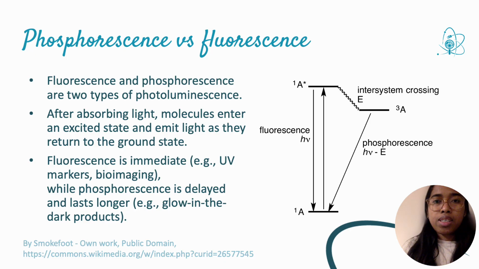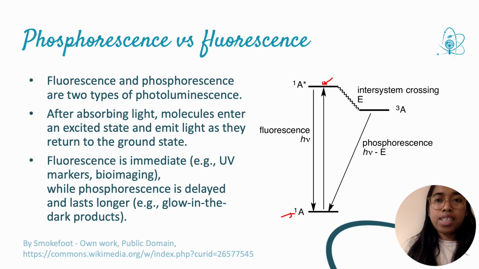So fluorescence and phosphorescence are two types of photoluminescence. When we shine light onto an object that has this property, its molecule absorbs light and gets to the excited state. In this diagram, this excited state is at a higher energy. So this is the excited state, where this is the ground state.